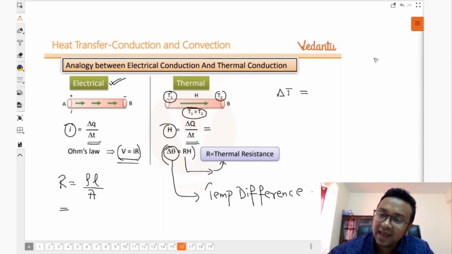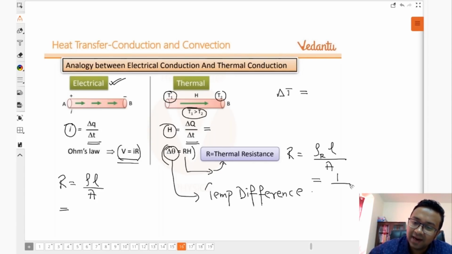Similarly, thermal resistance R is defined as thermal resistivity into L upon A. Students, I can also write this as 1 divided by thermal conductivity into L by A.